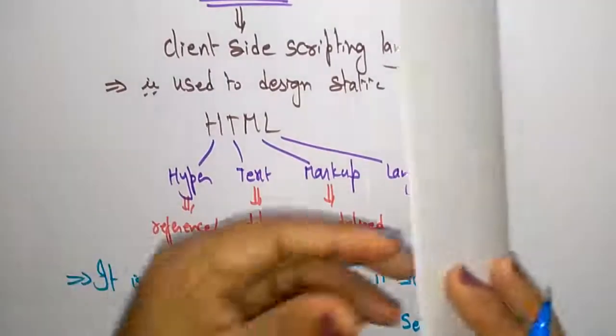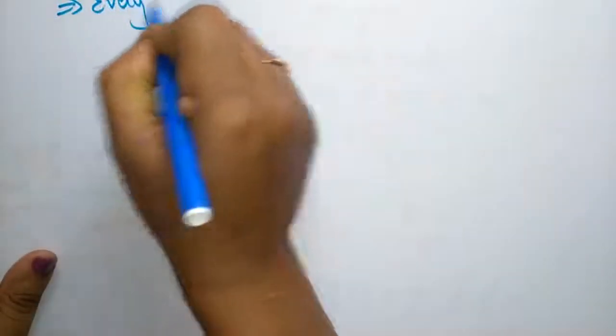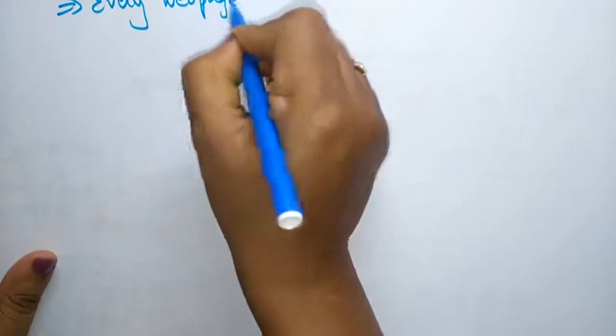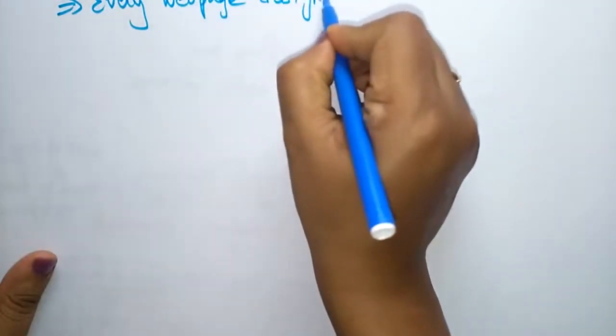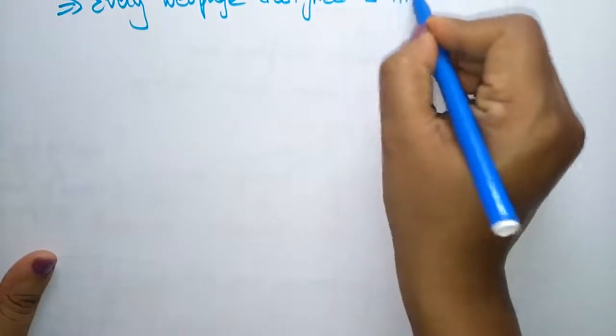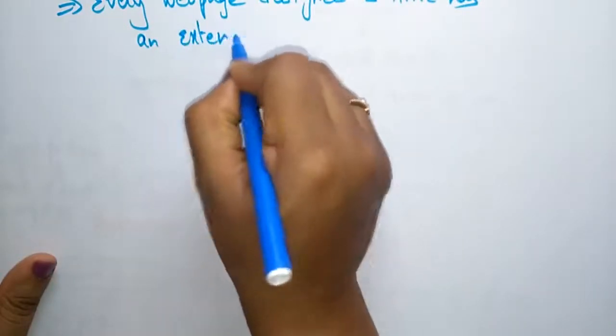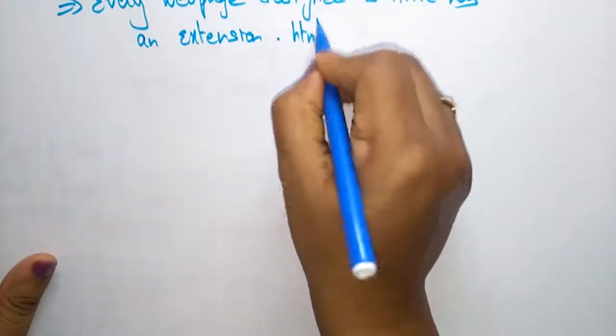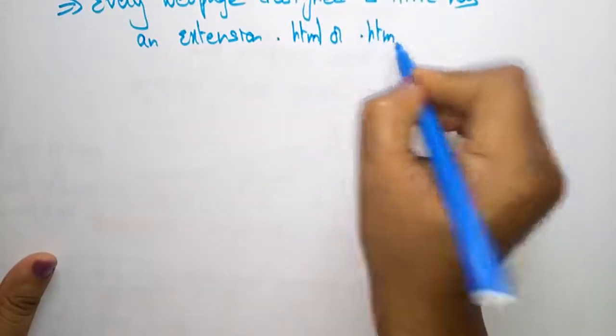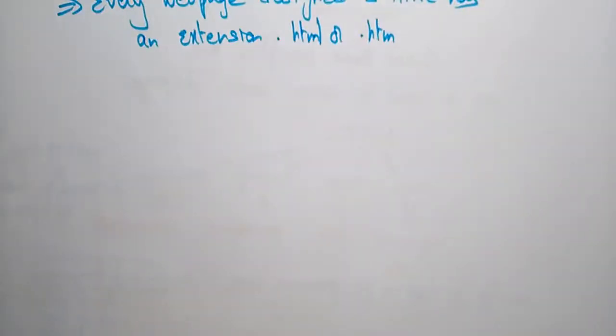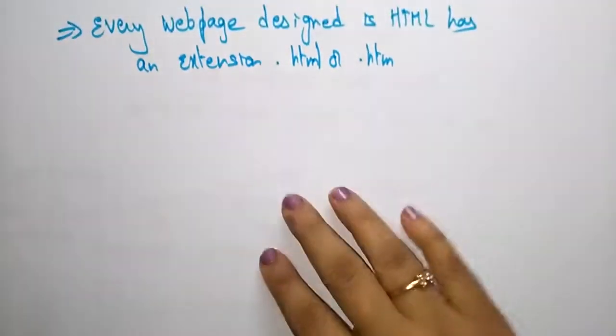Every web page you design is saved with an HTML extension, like .html or .htm. Whatever program you write in the form of tags should be saved using the extension .html or .htm.